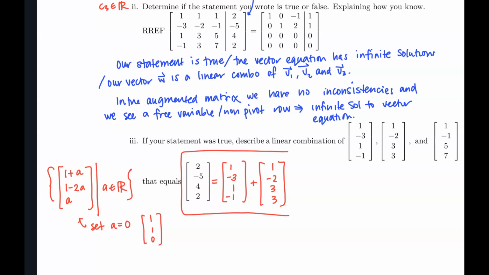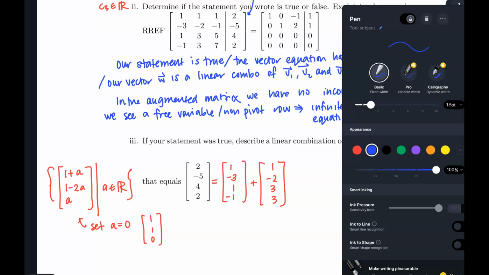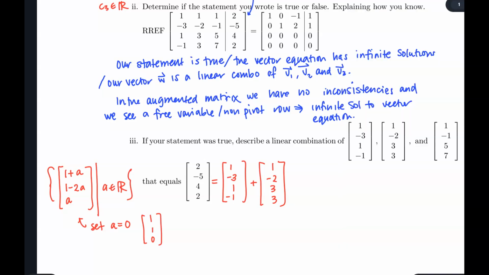Now, that is not the only way that you could have written this, of course. You could have set A equal to anything and found a different linear combination. So if you wanted to show off, alternatively, let's just set that to 1.